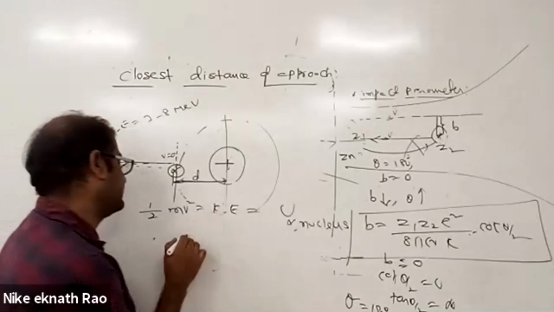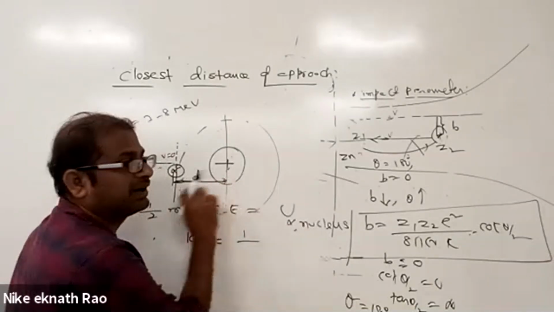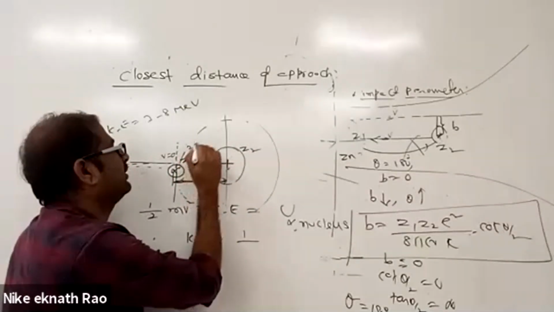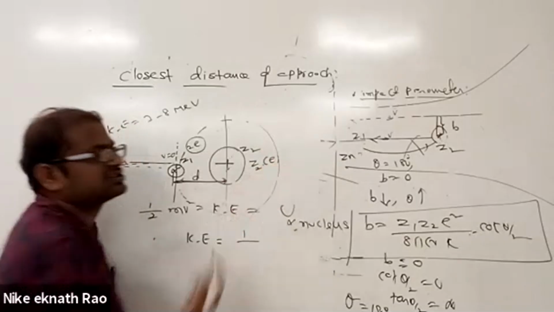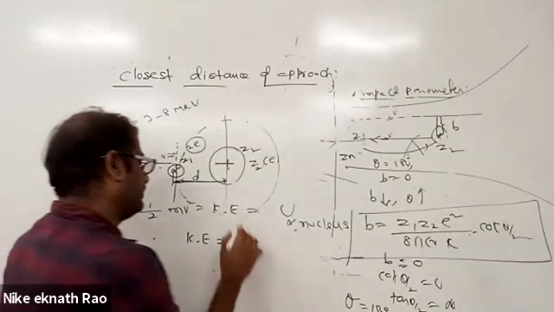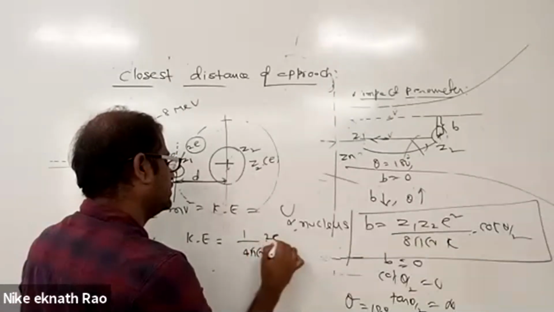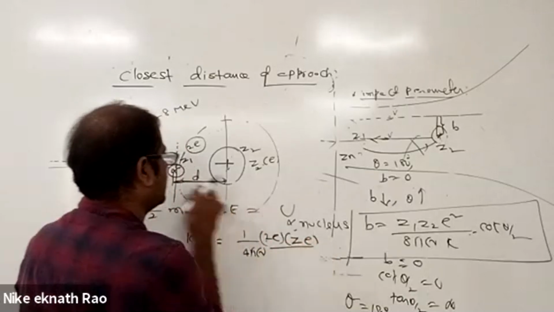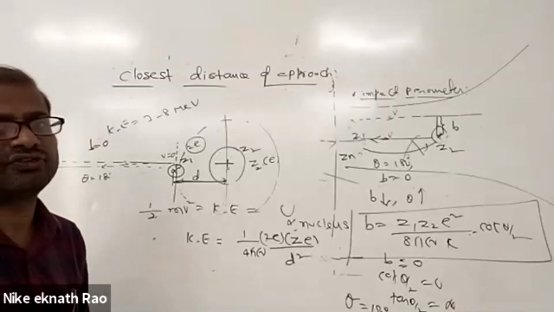Therefore, if I write this kinetic energy as K, the potential energy formula for a two charged particle system is 1 by 4 pi epsilon naught Q1 Q2 by r. Q1 is 2e, the alpha particle charge, and Q2 is Ze, the nucleus charge. Here d is called the closest distance of approach.